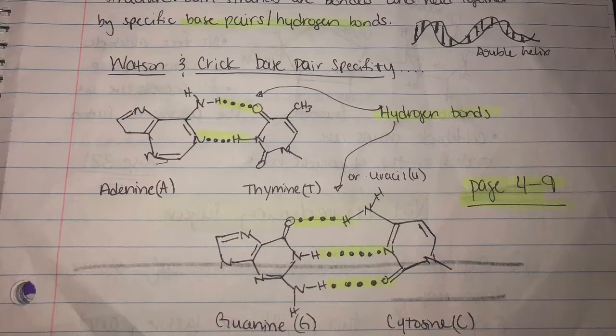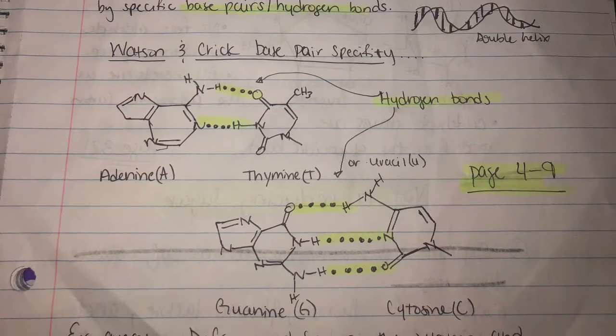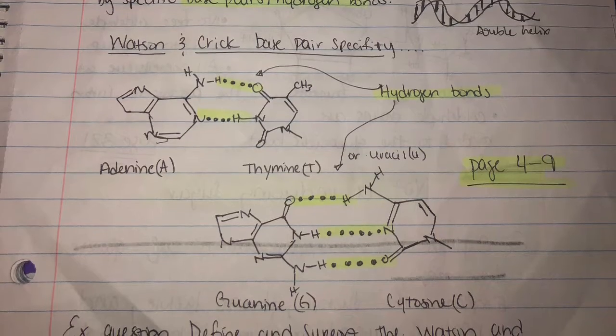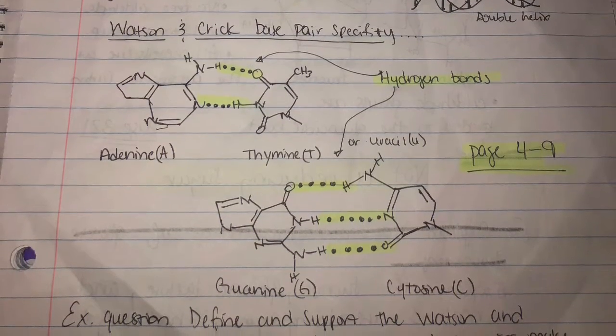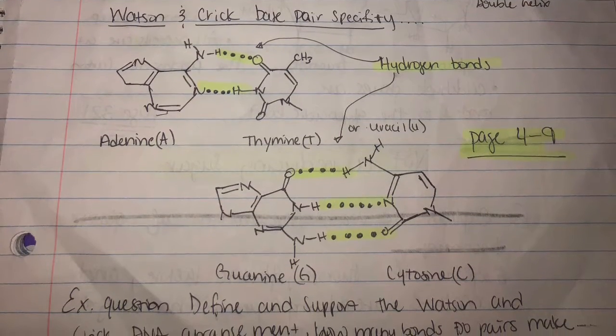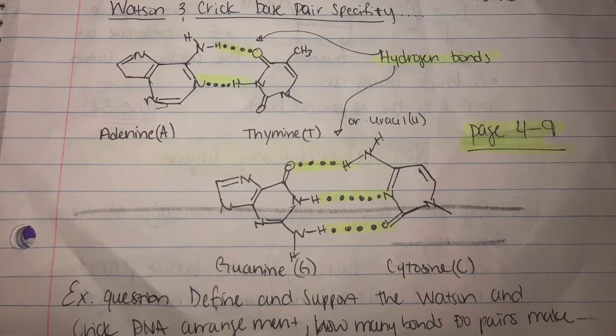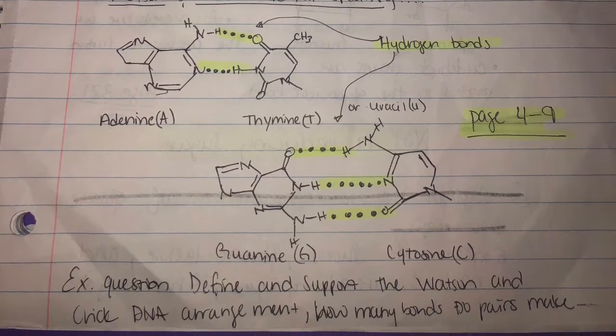To reference the answer to this question, you can find it if you read through pages 4 through 9. And another similar question that may come on the exam, probably not, but something maybe like: define and support the Watson and Crick DNA arrangement. How many bonds do each pair make?